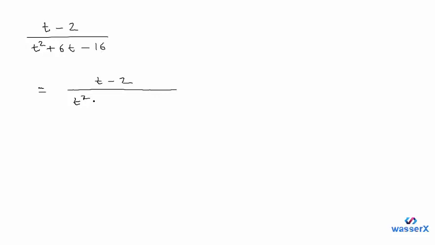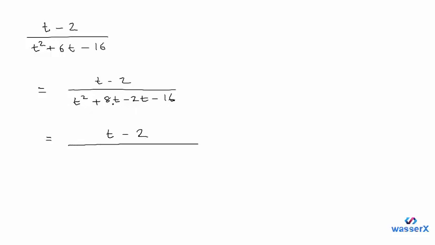And the two numbers are obviously going to be 8t and minus 2t, because 8 minus 2 is plus 6 and 8 times negative 2 is negative 16, minus 16. And this is equal to t minus 2 on the top over, let's factorize these in pairs.